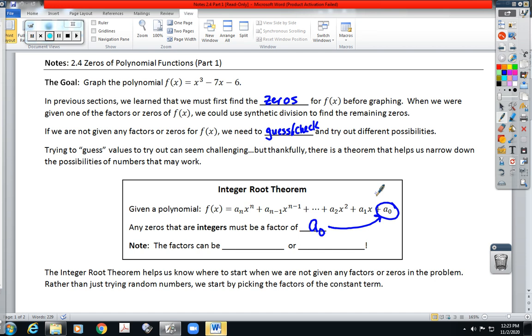Okay? We need to keep in mind that those numbers could be positive factors or negative factors. It could be positive or negative.